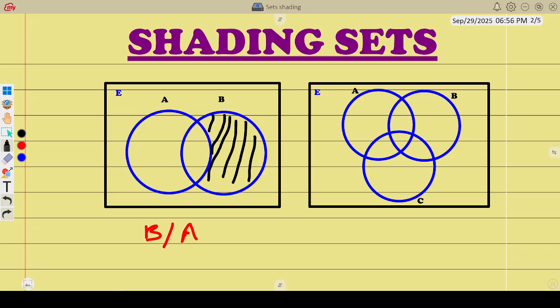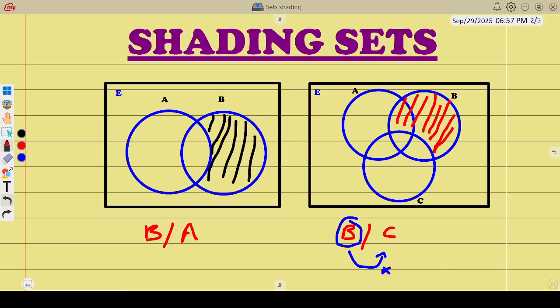Let's do something here. What if we want to shade, again let's start with something simple, B slash C. You can write minus or slash. B slash C simply means shade what is in B, but do not shade what is also in C. So let us shade B. B is right here.